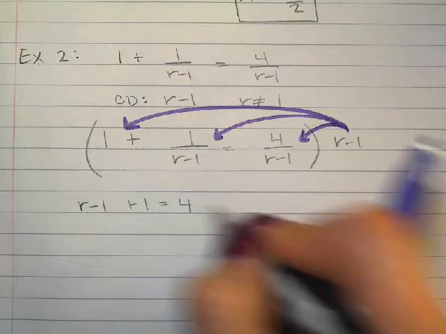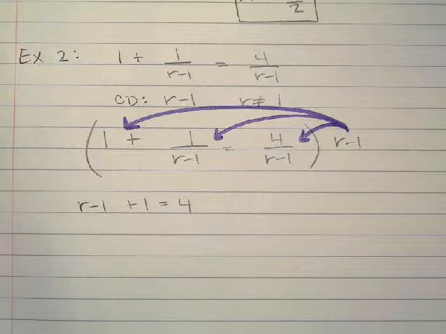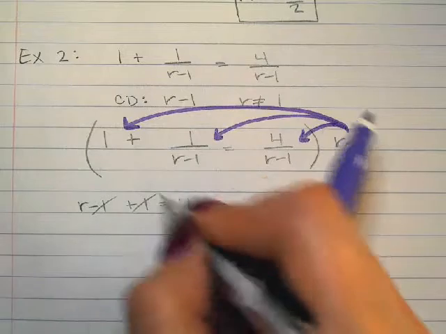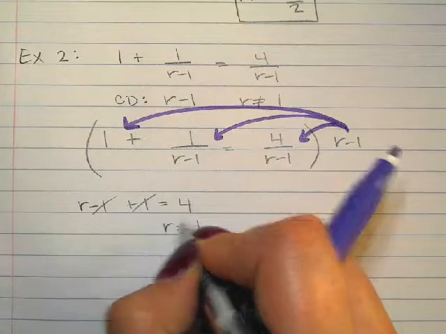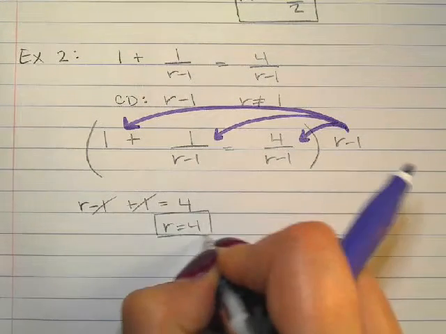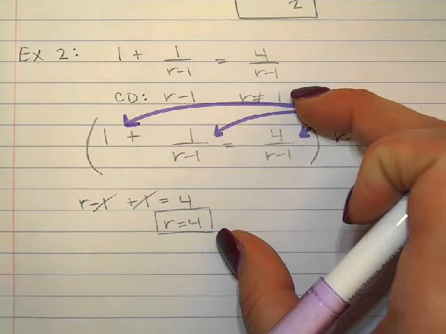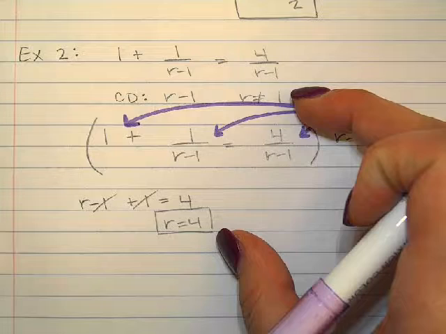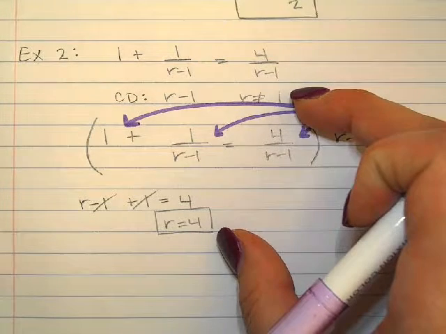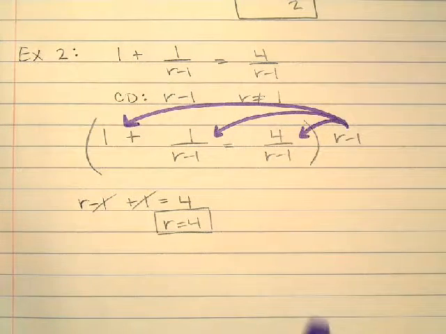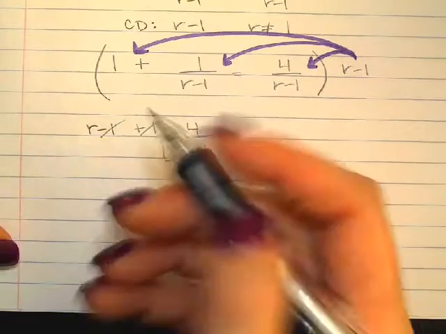They cancel, and I get 4. Does that make a difference with our excluded value? It doesn't matter. The excluded value didn't tell us anything about it, right? Okay. All right, let's try another one.